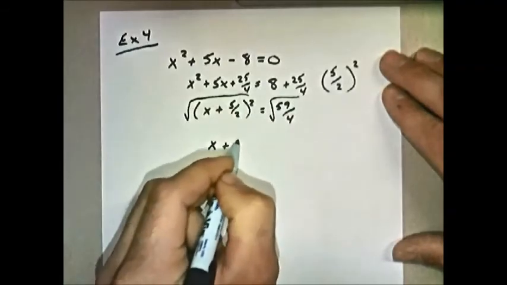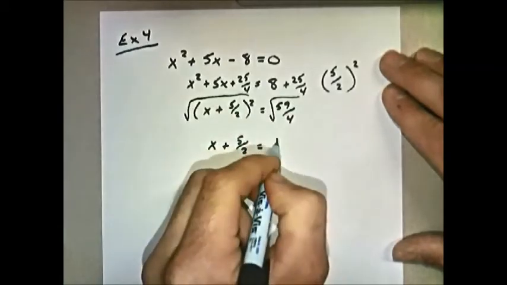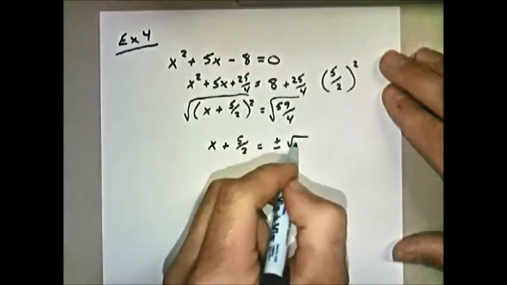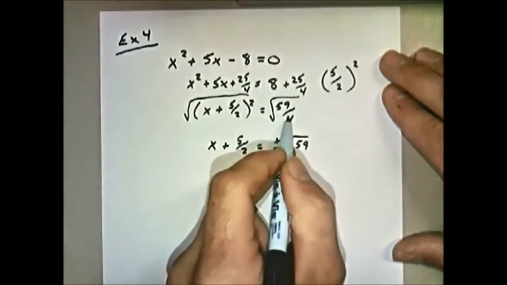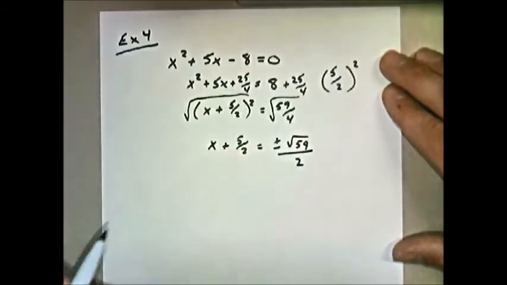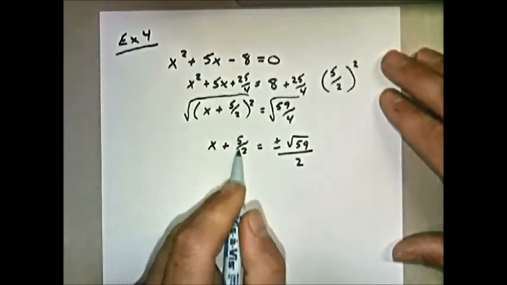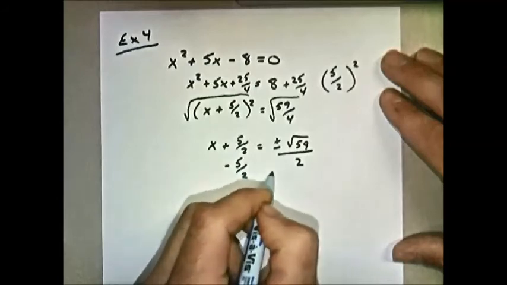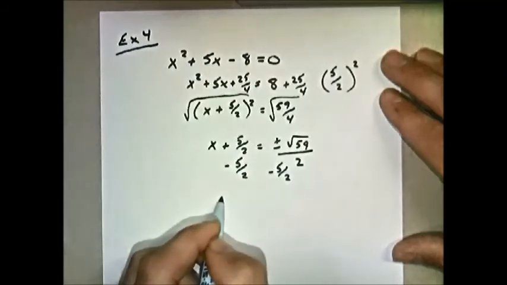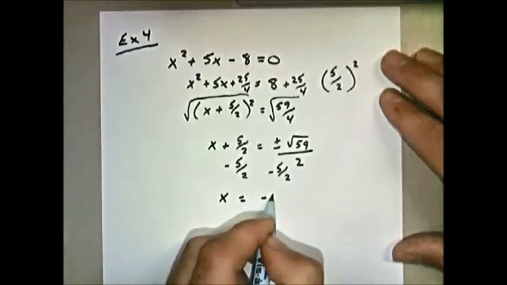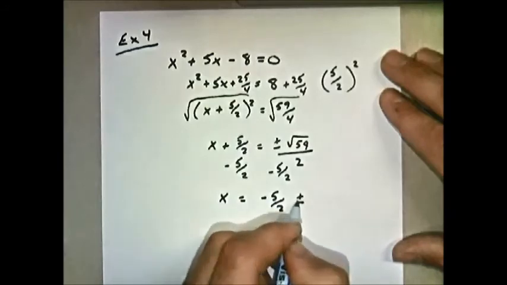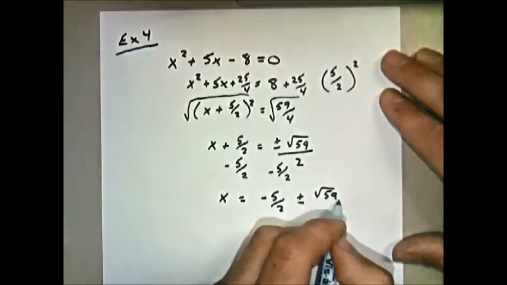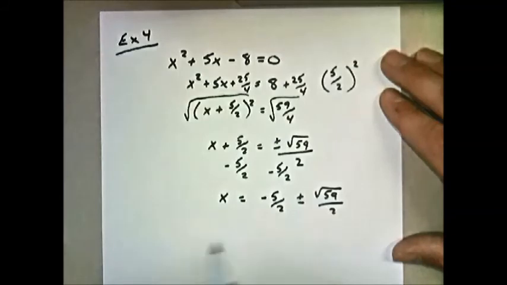So x plus 5/2 equals plus or minus the square root of 59 over 2. I know the square root of 4 is 2. I can go ahead and simplify this by subtracting 5/2 from both sides. So I get x equals negative 5/2 plus or minus the square root of 59 over 2.